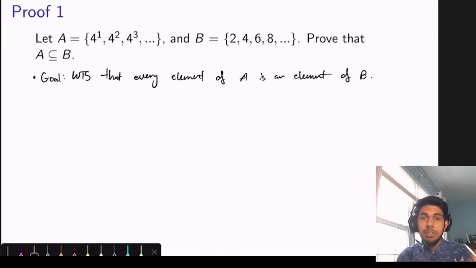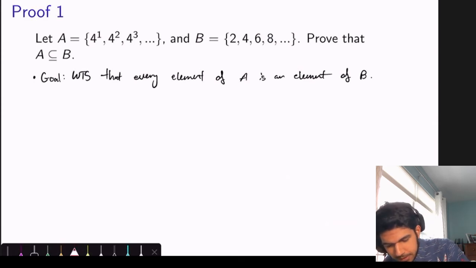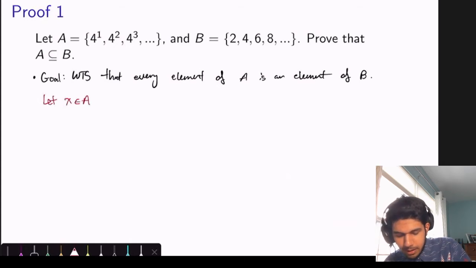So what we'll notice is how these sets are constructed. We'll take note of some patterns. Let's just say, let x be an element of A, and let it be arbitrary.